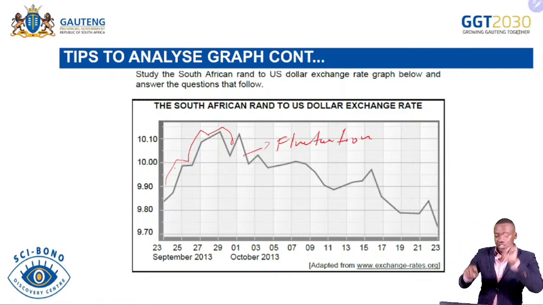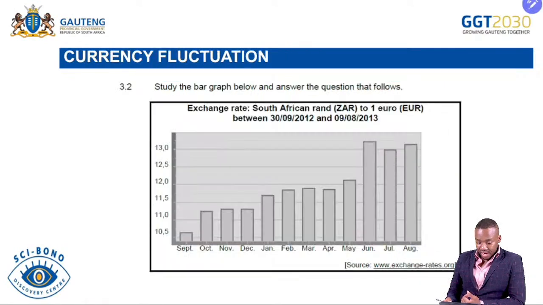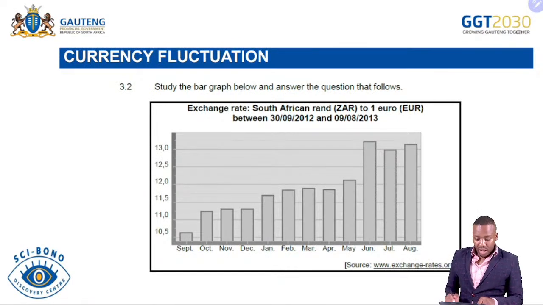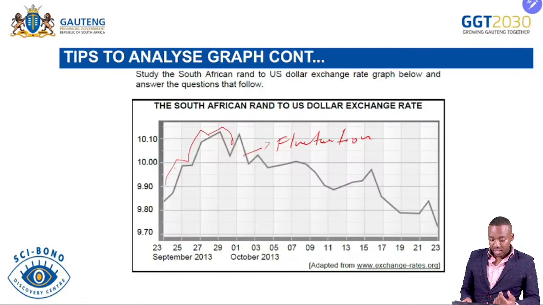So those changes, they are fluctuating. There's another graph this side. In September, it was here, and then in December, there it was. It remained constant when you compare with November. Then check June, then it went up. So what do we call this? Fluctuations.